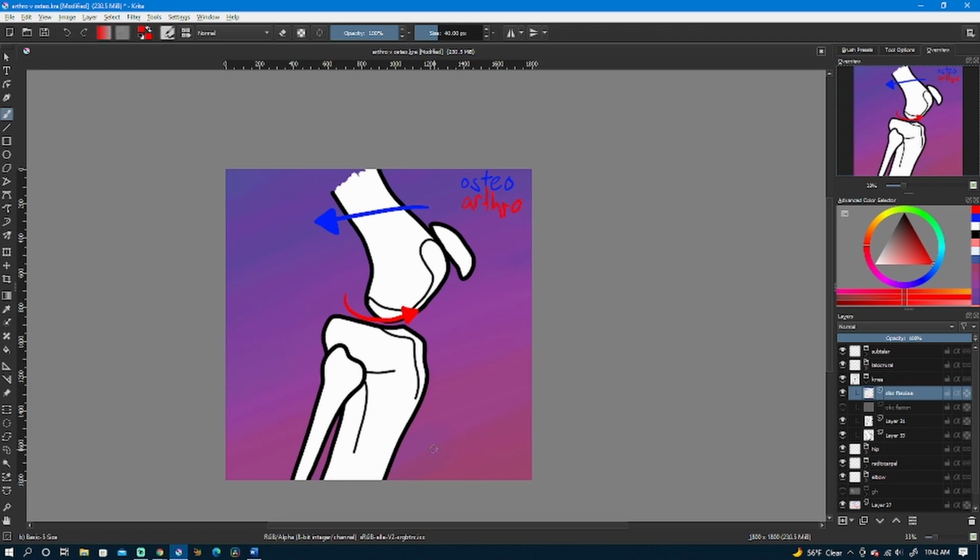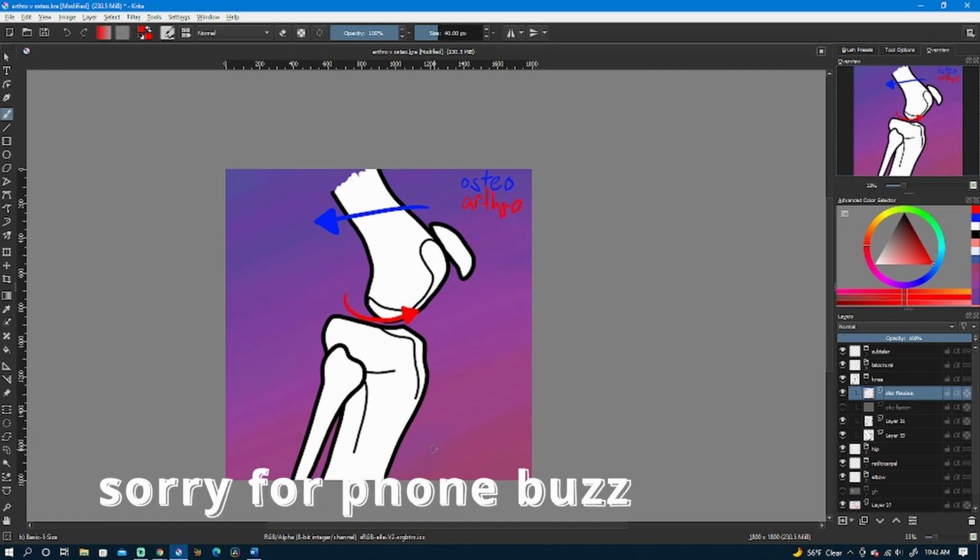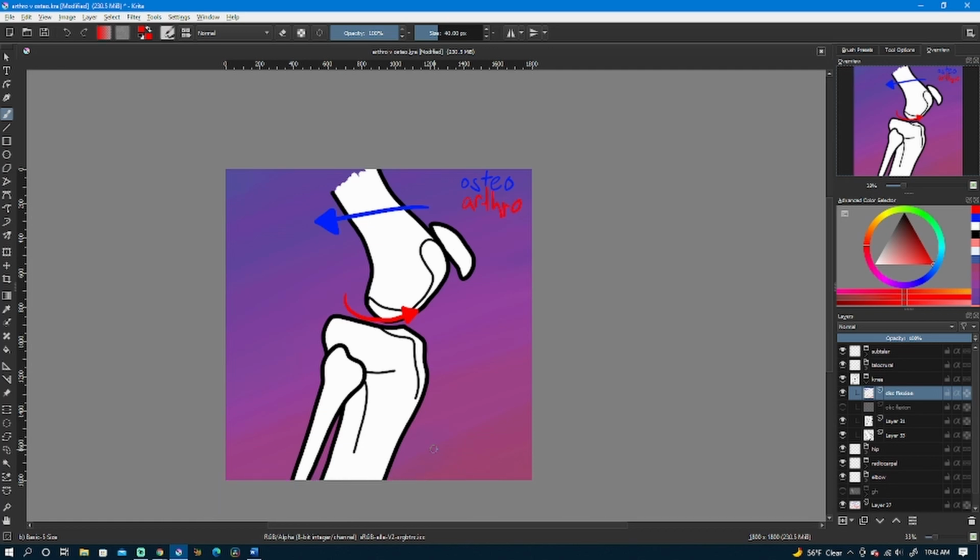So in the case where we have the convex surface of the femur moving on the concave surface of the tibia, as the osteokinematic motion is going posterior, the arthrokinematic motion is opposite. It's moving anteriorly to accommodate that motion.